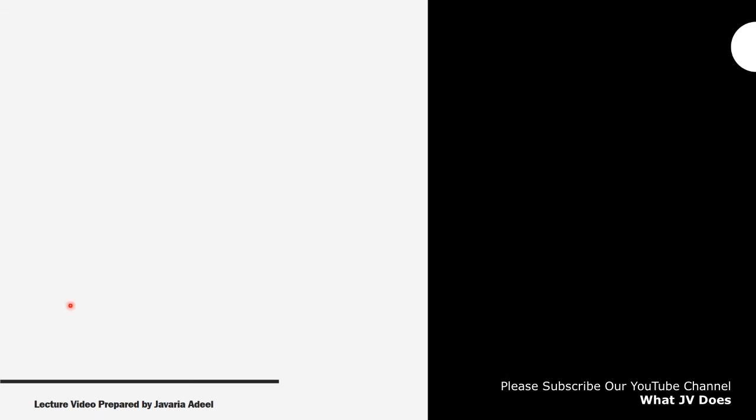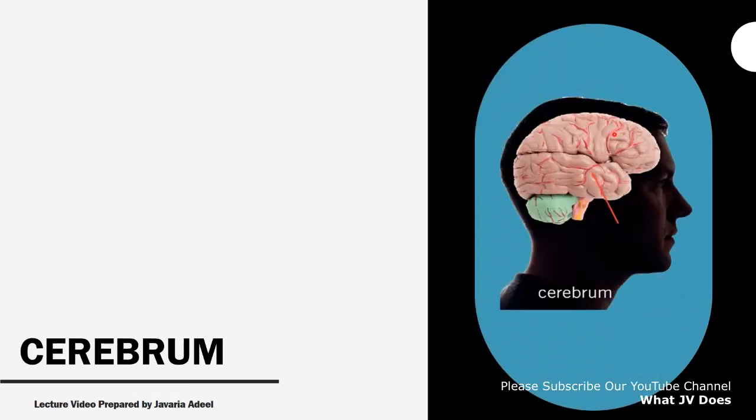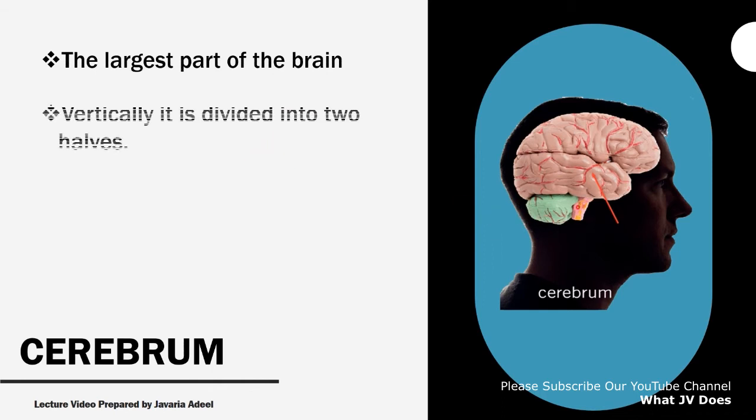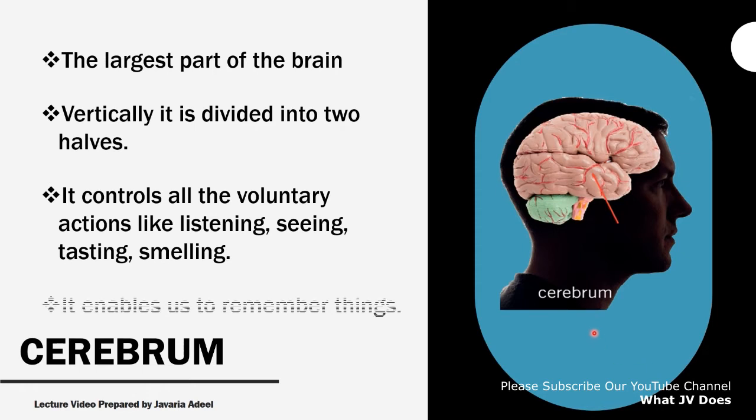Moving towards the first part of the brain, that is the cerebrum. The cerebrum is the largest part of the brain. It is divided vertically into two halves. The right half of the cerebrum controls the left side of your body, and the left half of the cerebrum controls the right side of the body.